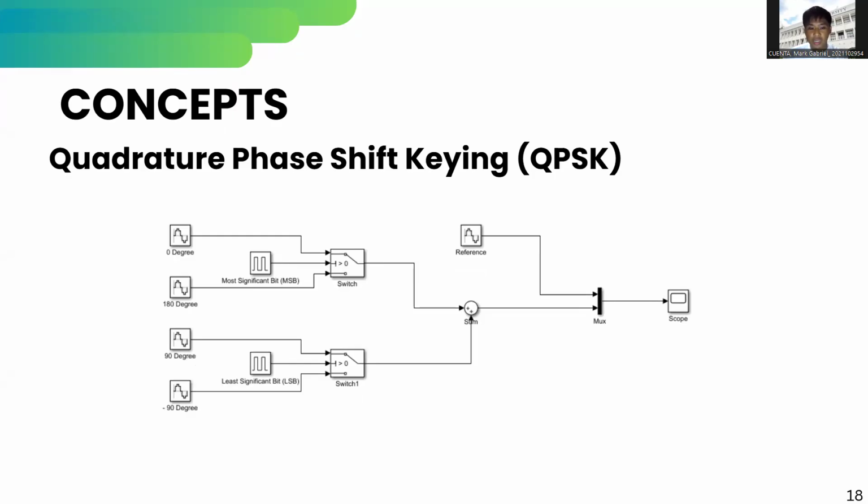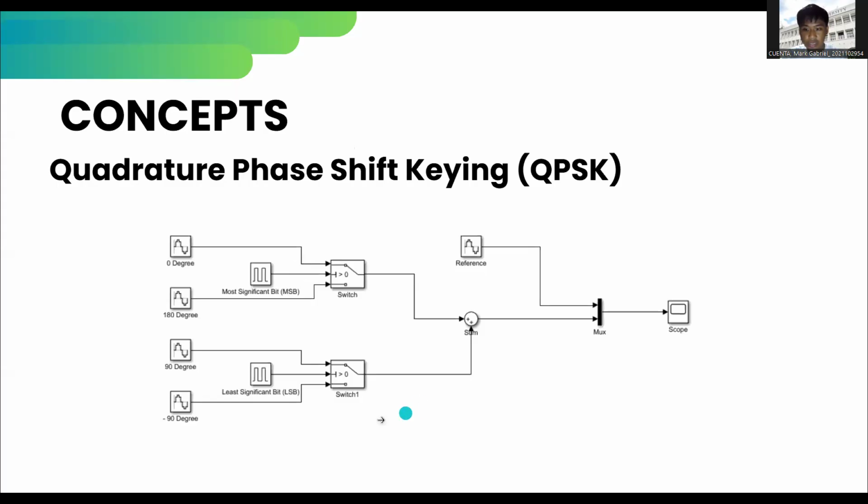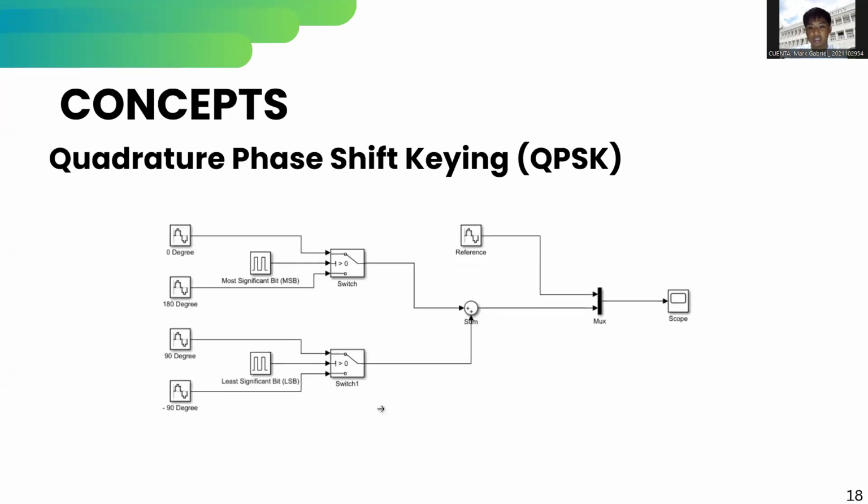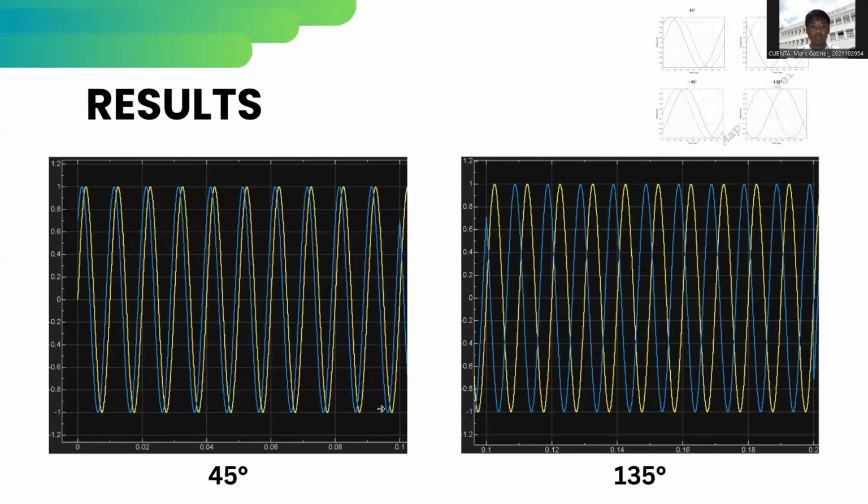Both go to the sum, then to the MUX. The MUX shows the reference signal again, combines them, and goes to the scope. These are the results.